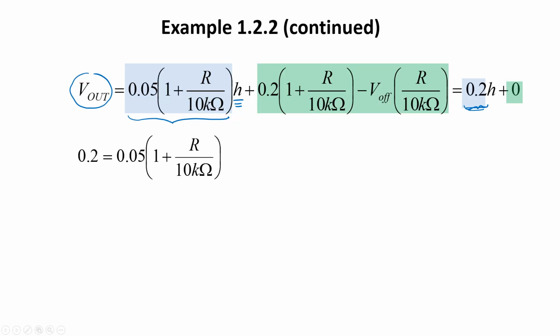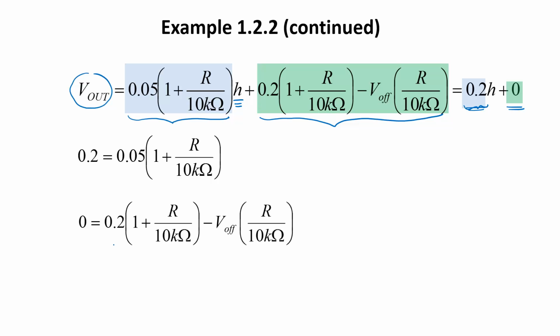Now equating the two y-intercepts, this is the y-intercept of the output from the amplifier, and the desired y-intercept is 0. Equating those two leads to 0 is equal to 0.2 times 1 plus R over 10 kiloohms minus the offset voltage times R over 10 kiloohms.